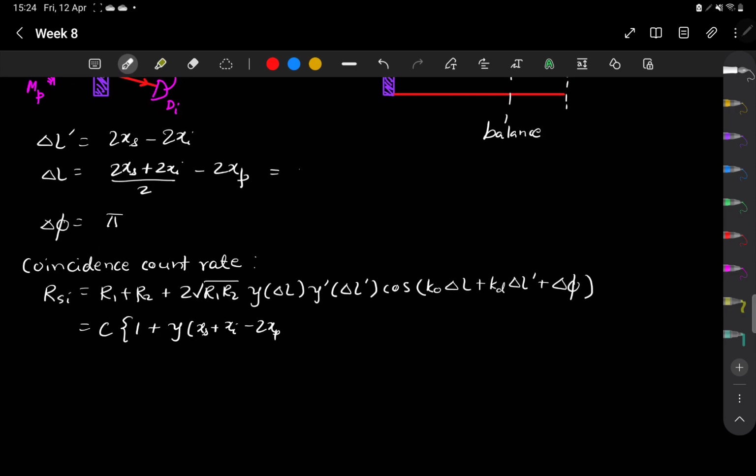So if we do this, it's xs plus xi minus 2xp.